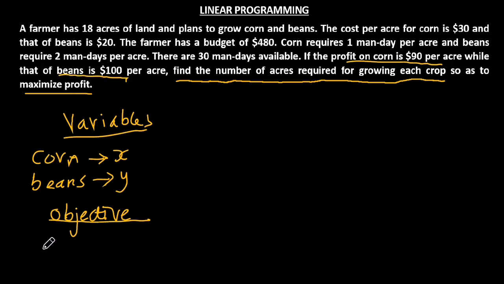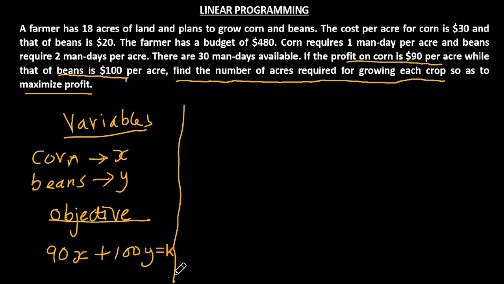Therefore we can write our objective function simply as 90x for corn and 100y for beans. We can also include equals and a constant, but because I shall be using my graph to come up with the maximum profit, I leave it at this point.